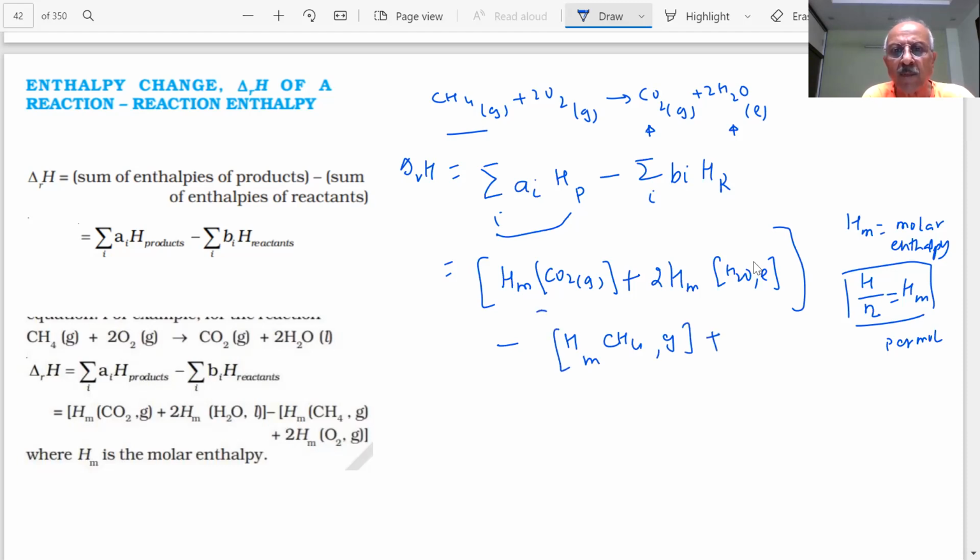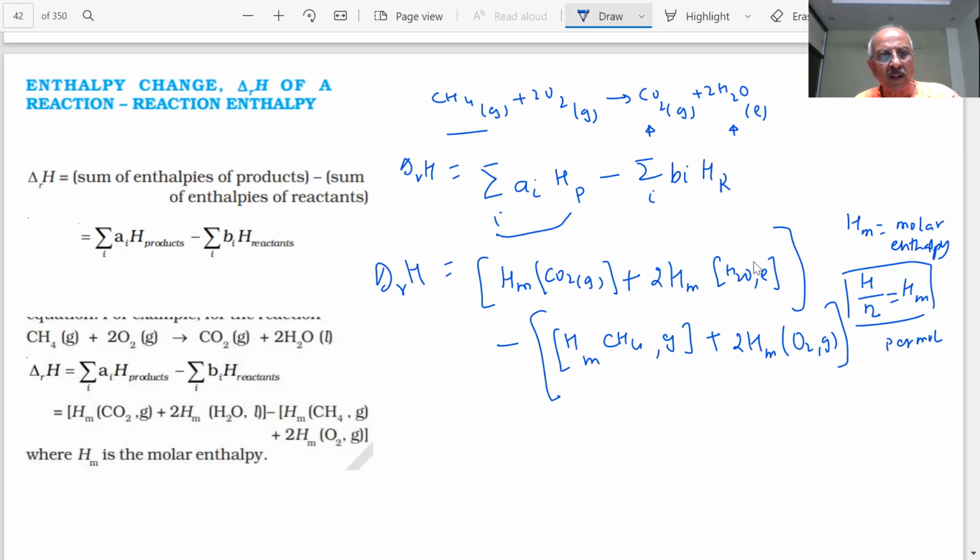Plus, I am putting a bracket here. Plus, what is then? 2 moles, 2 into the molar enthalpy of oxygen, which is in the gas state. Therefore, if I know these values, I can calculate the enthalpy change of the reaction. Can I? Tell me yes or no. Is it clear?